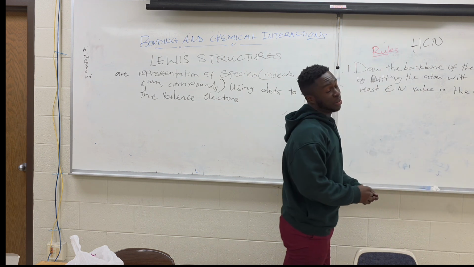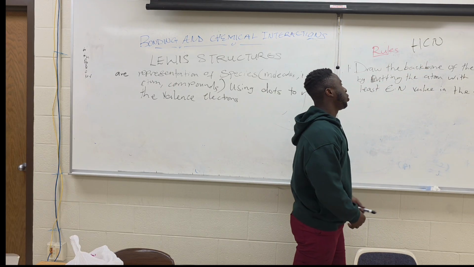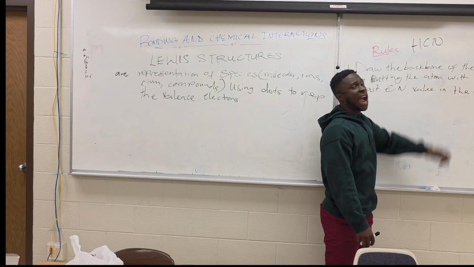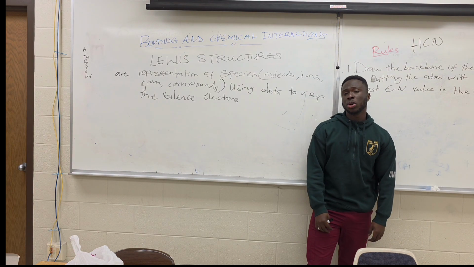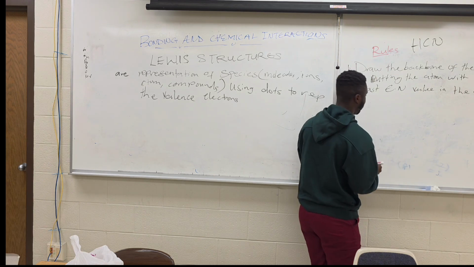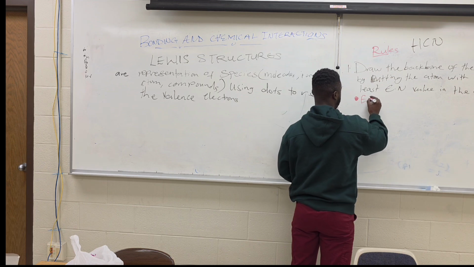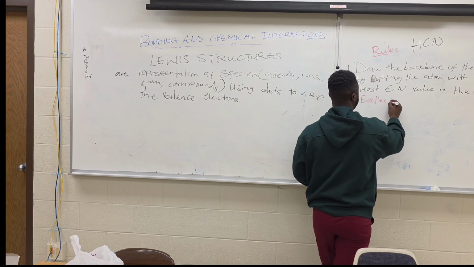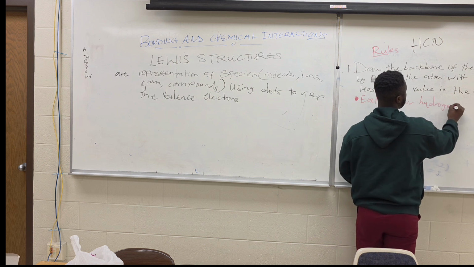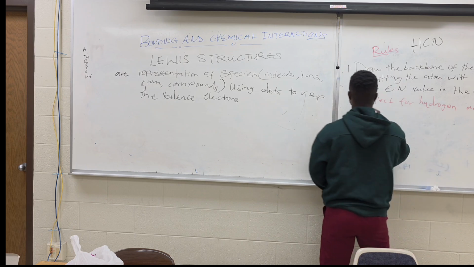Now, HCN. Which one has the lowest electronegativity? Technically, it is hydrogen. But what you want to keep in mind, as a nuance or an exception, is that this is except for hydrogen and the halogens.